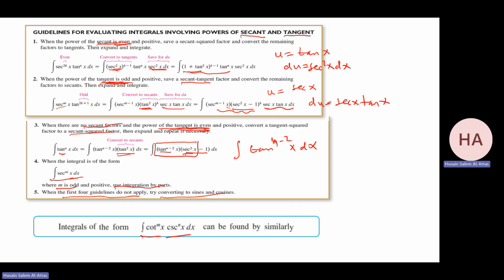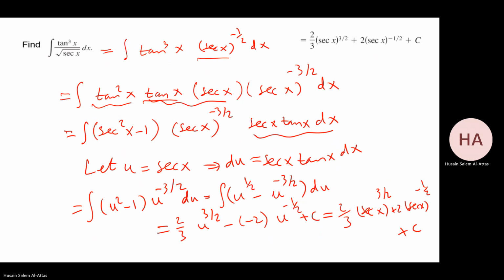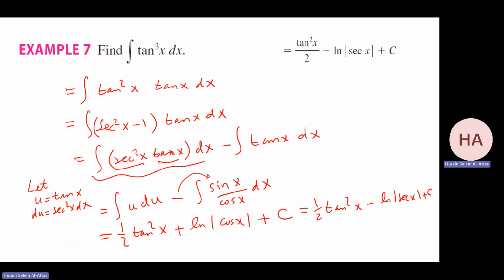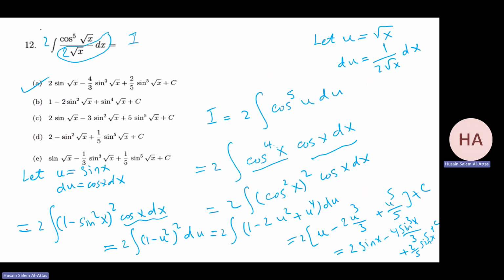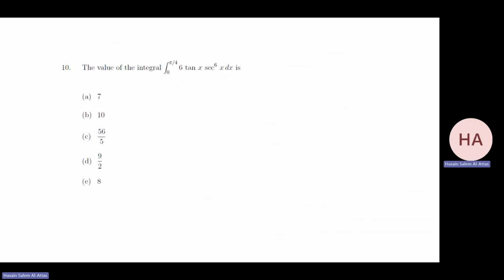So if the secant is even, I will take secant squared as a factor. If tangent is odd, I will make secant tan. So I can do both. But since the power of secant is high, let me deal with secant, I think better. Okay, so we'll deal with this.